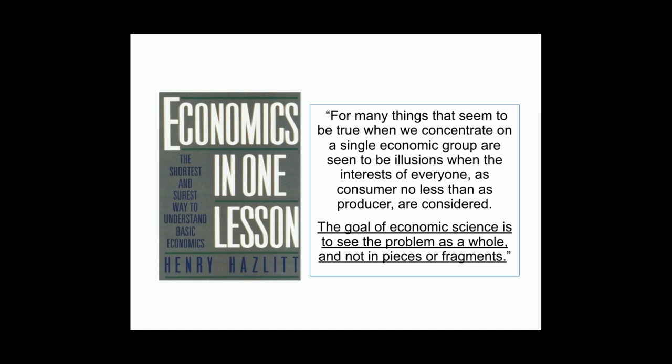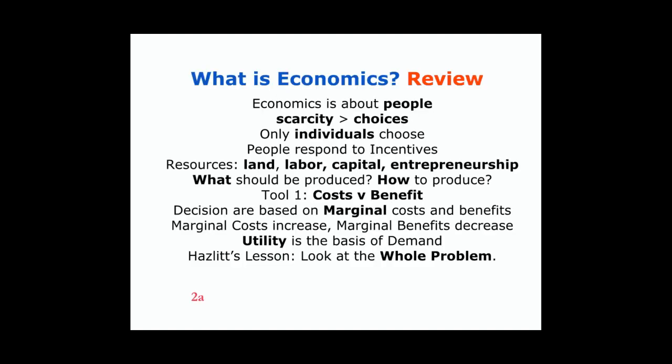This is the lesson from, and the quote from Henry Hazlitt's Economics in One Lesson. We have to look at problems as a whole and make sure that we don't make the mistake of just looking at them in pieces or just focusing on certain pieces and ignoring other ones. And when we do this, we are thinking like an economist.